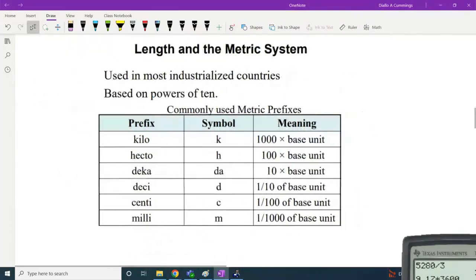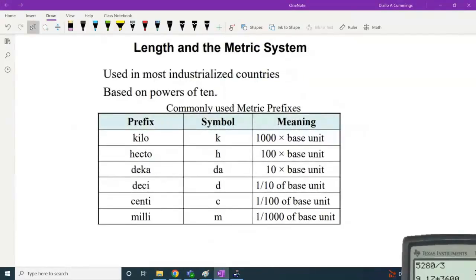All right, also in the first module, we have what are called metric system conversions and metric system measurements. It's used in most industrialized countries, and it's based on powers of 10. Using the metric system is a little bit more precise than using inches and feet.